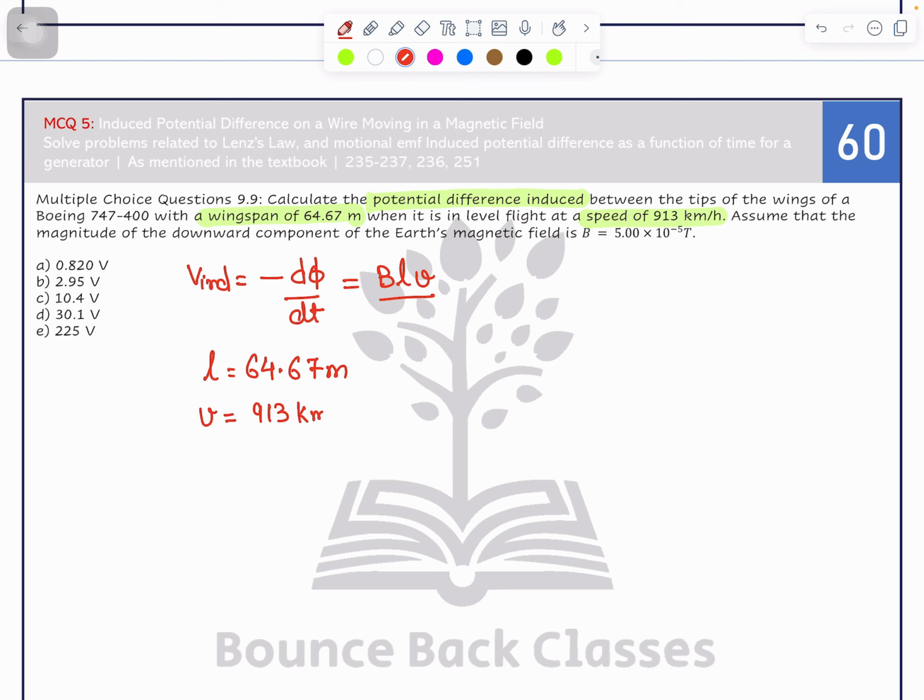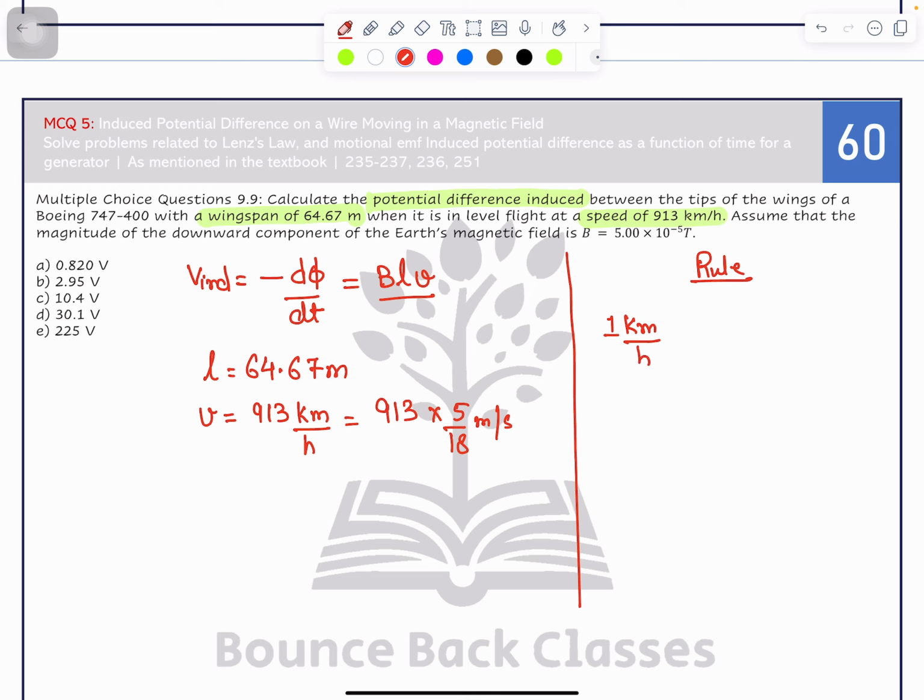When it is in level flight at a speed, velocity, of 913 kilometer per hour. Now we need to change it: 913 multiplied by 5 by 18 meter per second. What is the rule? 1 kilometer per hour equals 1 multiplied by 10 power 3 divided by 3600 seconds, which gives 5 by 18 meter per second.